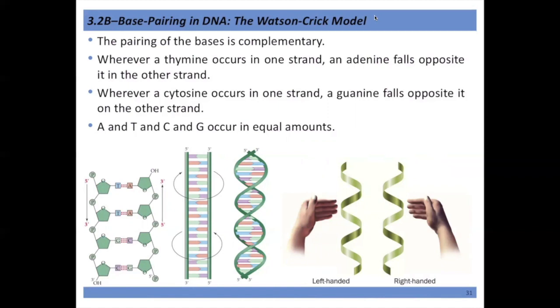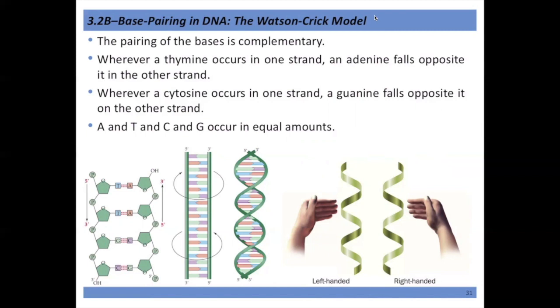Now, in reality, what it does is it actually coils up into a helix. Since there's two strands, it's referred to as a double helix. Now, you notice that we have directionality on these, where we talked about the synthesis of DNA going from 5' to 3'.